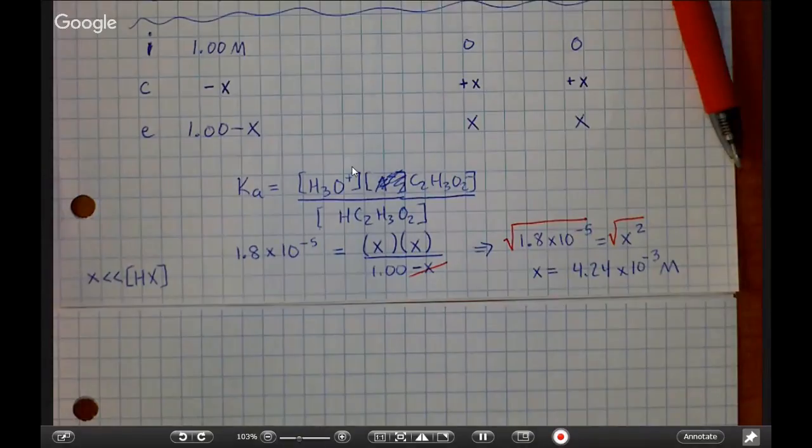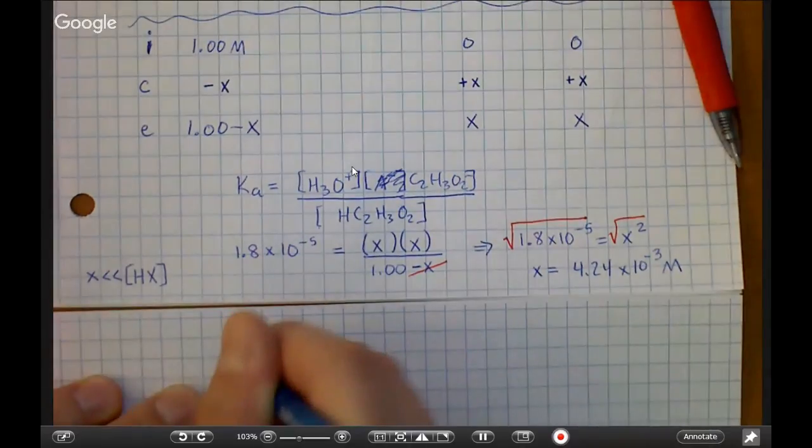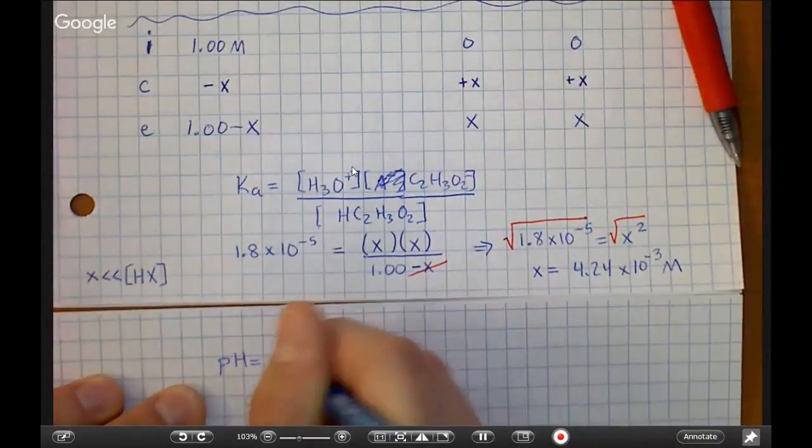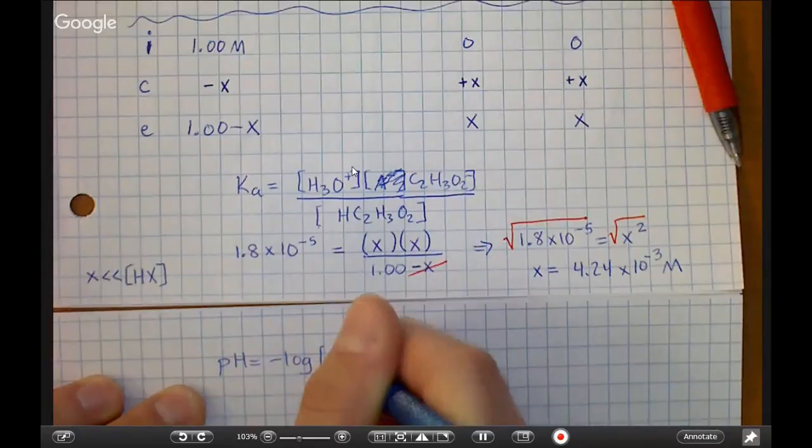So remember, initially they said, we want you to find and calculate the pH of this weak acid solution. So remember that pH is equal to the negative log of H plus or hydronium.